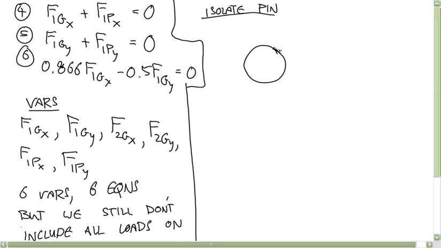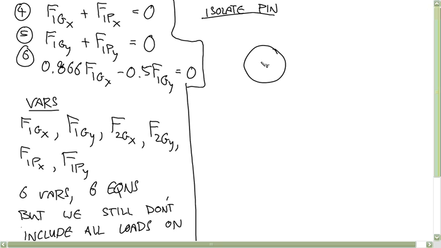One is that we're treating everything as if it's acting right at the center, like any forces on the pin are acting right through the center of the pin, in which case nothing is going to produce a moment. We're treating it as a particle. The other way to think about it is this thing is free to rotate, so we don't care about what moments are applied. Either way, the conclusion is the same. We're going to do the force balance, but we're not going to do the moment balance when we isolate the pin.